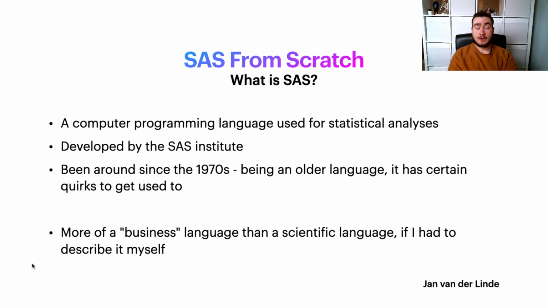If I were asked to describe the language, I would call it a business language more than a scientific language. The main reason for this being that you kind of tell SAS what you want to happen and SAS will make it happen. For example, if you wanted to sort something, you would simply tell SAS, please sort this data set for me.